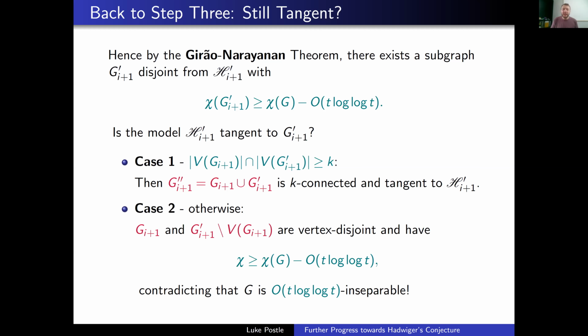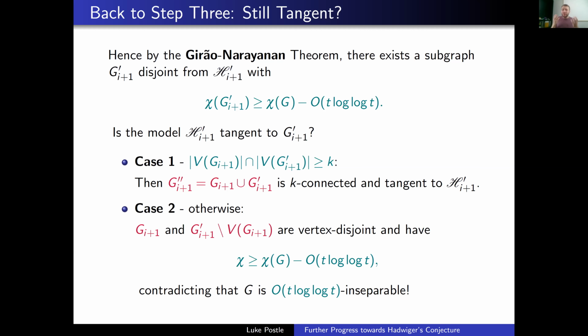The other case is that they're actually disjoint, meaning they have less than k vertices in common. Just delete the common vertices, say from gi plus 1 prime, and you'll get 2 vertex disjoint subgraphs, both having large chromatic number, right? Because gi plus 1 only lost an additional t log t from where we were, so that has high chromatic number. And we rebuilt to make gi plus 1 prime also have high chromatic number.